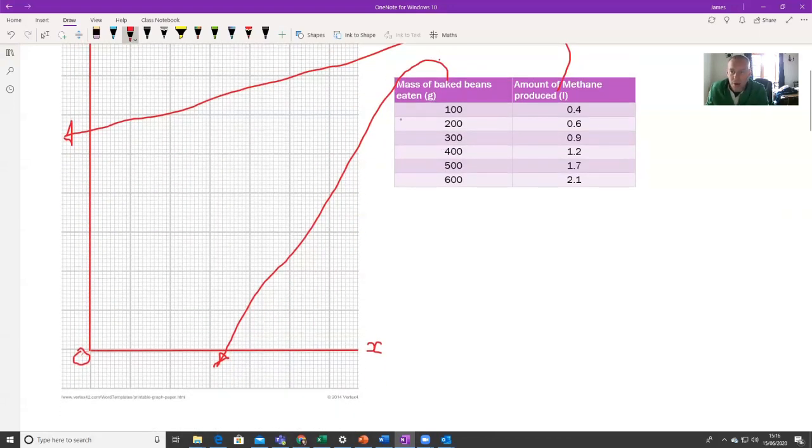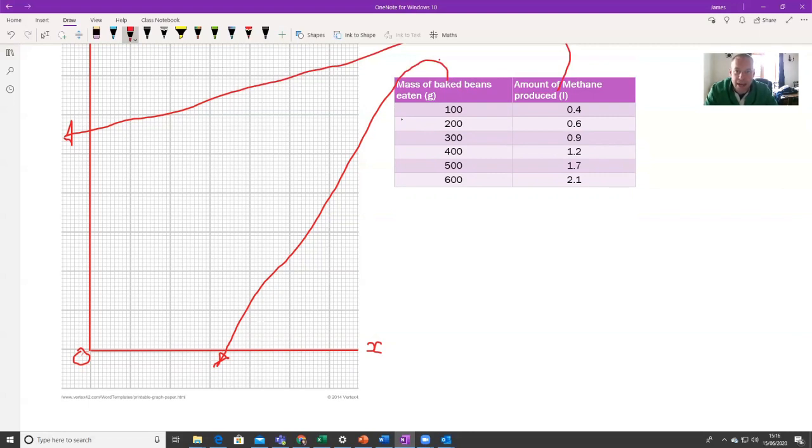Now, how can I tell? Maybe I've got my columns wrong in the table. Well, this is how. When we read a graph, we read it from x to y. By that, I'm saying that x is affecting y. So I word it in the two different ways we could have this.